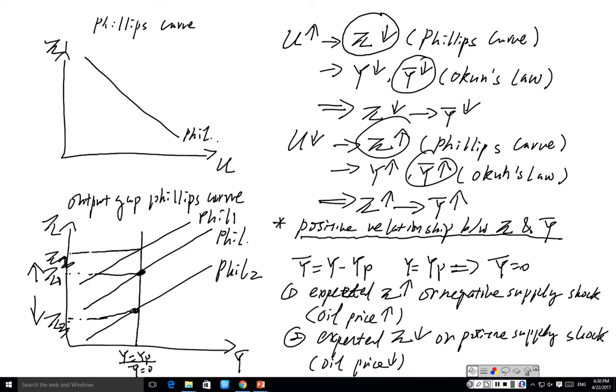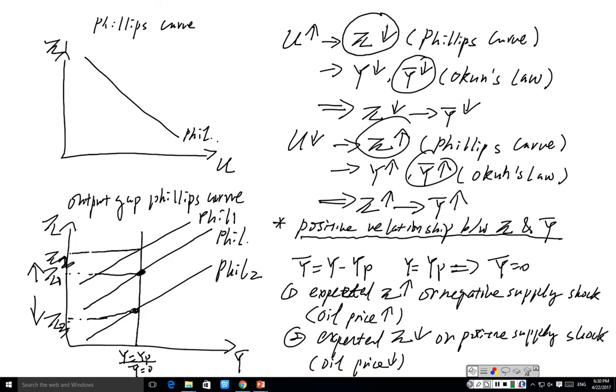Potential GDP is determined by labor, land, and the capital. Those are the real goods. Real economic variable will not be affected by the nominal goods like inflation rate and the price. So the potential GDP still remain at the same level.